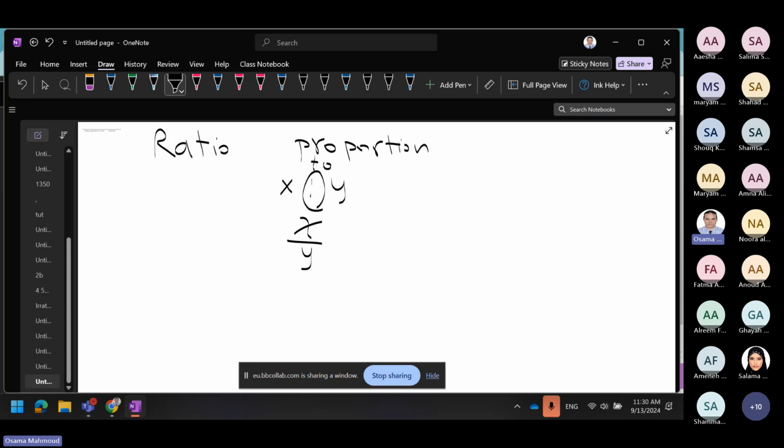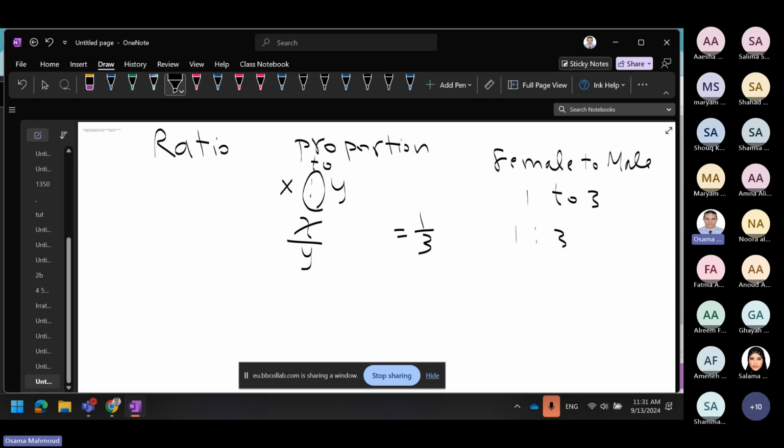If I say the female to male students are 1 to 3, so I can write it 1 up to 3, right? Or you can write it 1/3. You can write it 1/3.